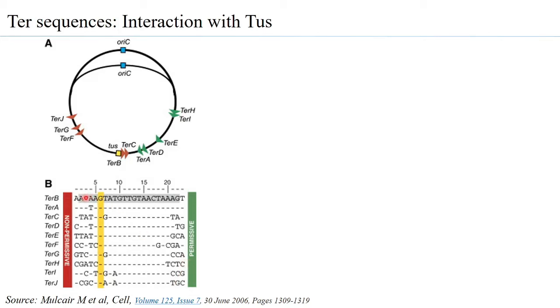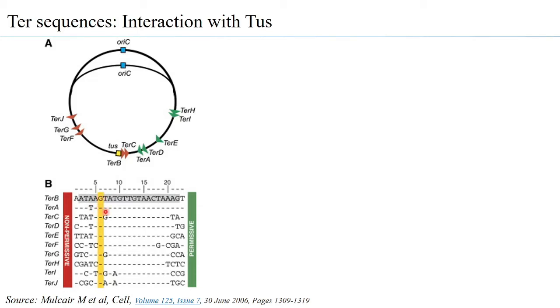Okay. Another observation that was very clearly made is that when one observes all the TER regions, it was found that in the variable portion where the consensus is less, within that less consensus region of the entire TER sequence, one finds that at the 6th position of the TER region is a GC base pairing, and this GC base pair is conserved through all the TERs, indicating that this conserved GC base pair may play a very important role, and hence it is not a base pair that changes easily.